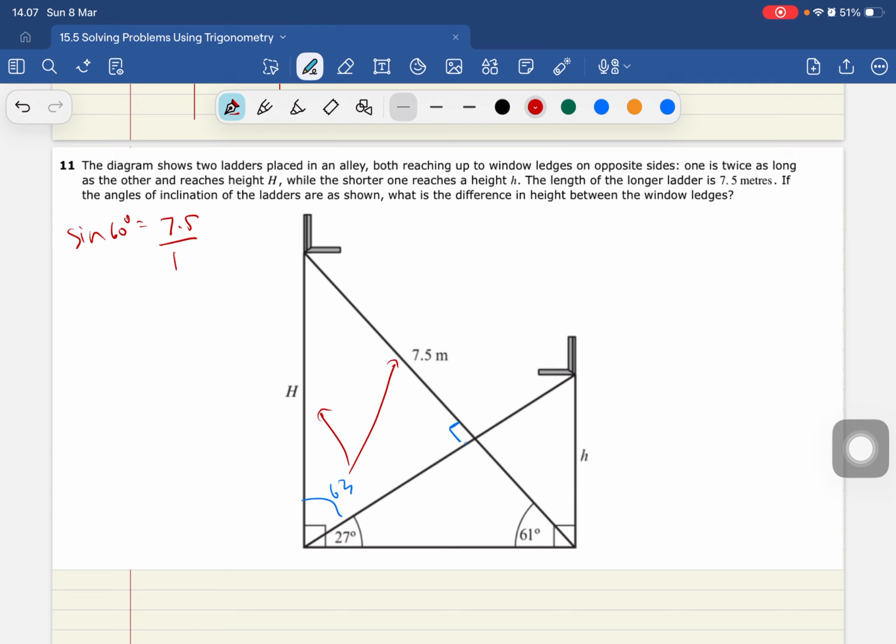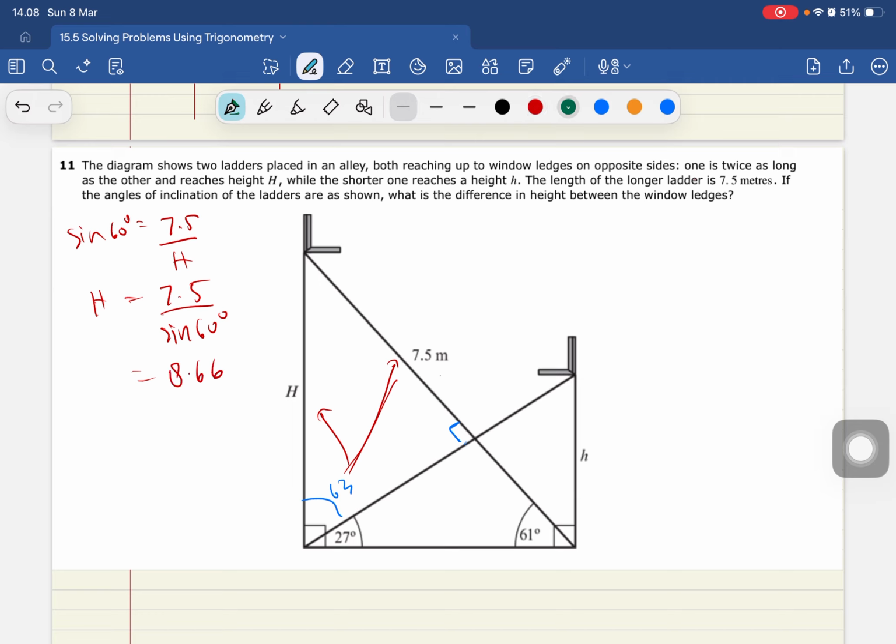So this is the height, and the height is going to be 7.5, the opposite, divided by sin 60 degrees. So we have to use the calculator: 7.5 divided by sin 60 degrees is going to be 8.66.